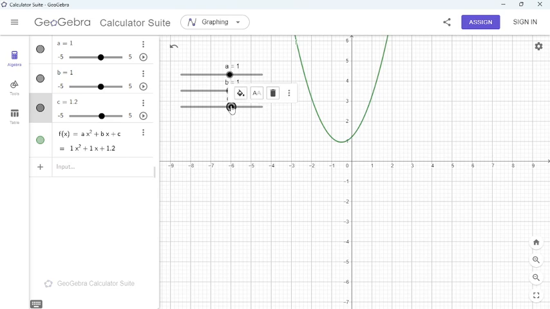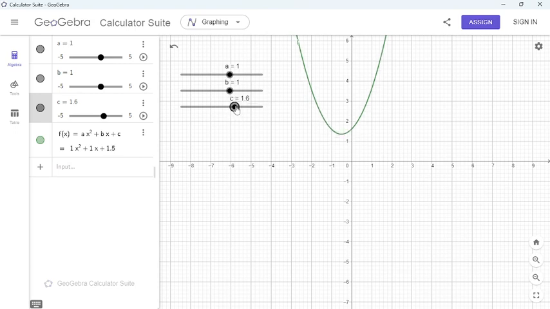But you can see that, okay, in that case our C is our y-intercept, so that's why the graph is cutting the y-axis at 1, but the turning point has also shifted a certain unit upward. So can you see that when the value of C is going up, the whole graph will shift upwards.